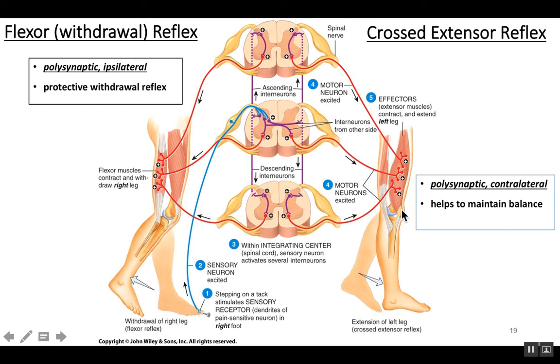You have to be able to balance on the opposite leg if you're removing the right leg from the painful stimulus. In order to balance, you extend the knee on the left leg. So it's a crossed extensor reflex. Both of these are polysynaptic, but this one is contralateral. It's the opposite side of the body.